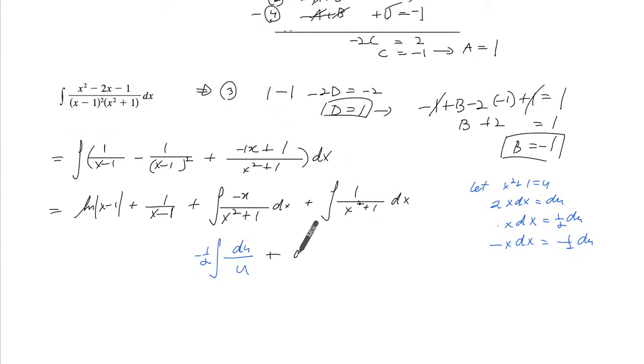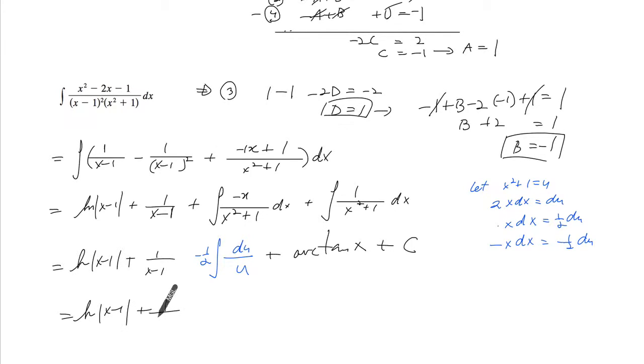And the other one is just arctan, inverse tangent of x. Almost done. So that's minus half ln of u, where u is equal to x squared plus 1. And because x squared plus 1 is always positive, we actually don't need that absolute value. Done.